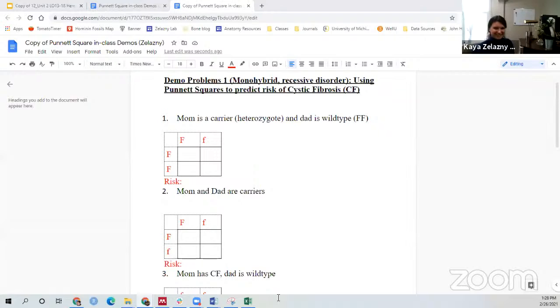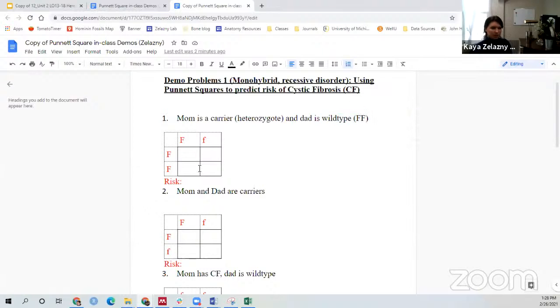I am muted. All right, so hopefully doing just one of those was pretty simple. Let's go through them. In this first problem, we have a carrier individual, which we know means a heterozygote, and we have a wild type individual, which is here defined for us as a homozygous dominant individual.